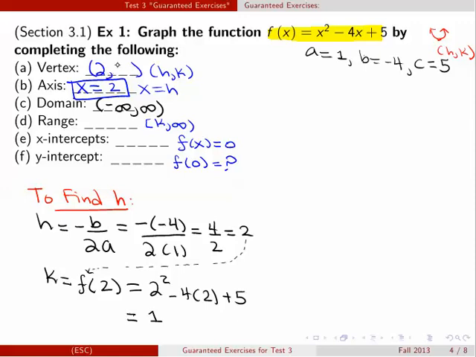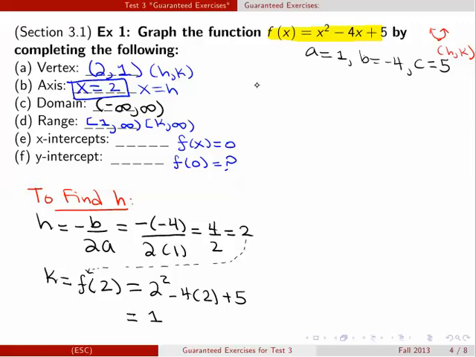Okay, and because we know k, and the range for this particular formula is given by k comma infinity, then our range is going to be 1 comma infinity. I'll graph it using the calculator later so you can see how we're getting this information.